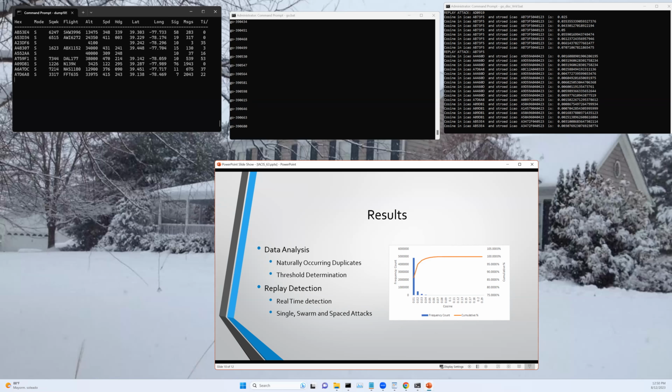We found that 99.99% of the calculated cosine scores between aircraft message set vectors sharing duplicate message sets were below the cosine similarity of 0.07. So we selected this as our threshold for identifying a replay attack when analyzing incoming messages. And the results of this analysis are shown on our graph on this slide.